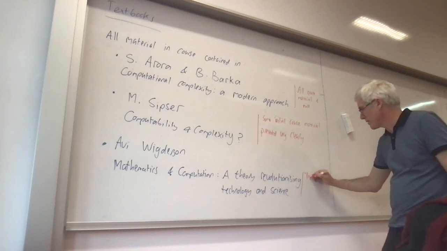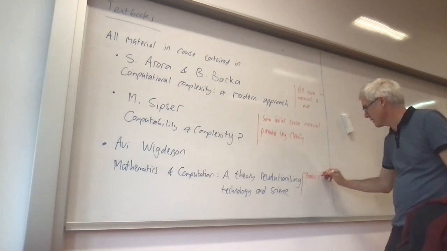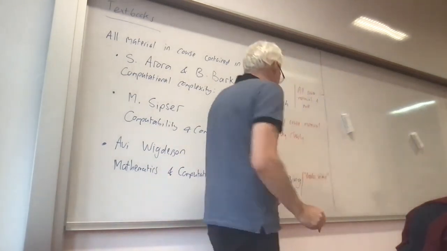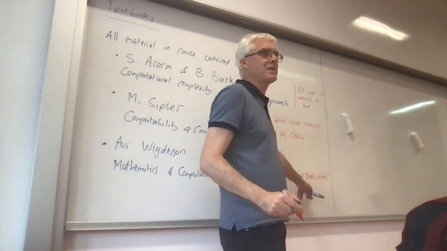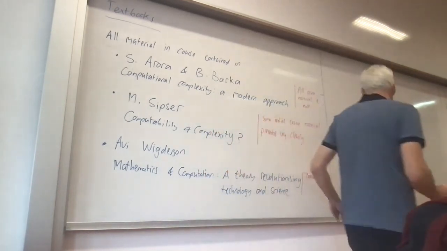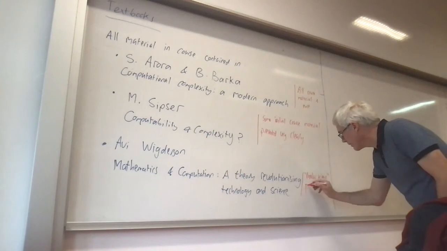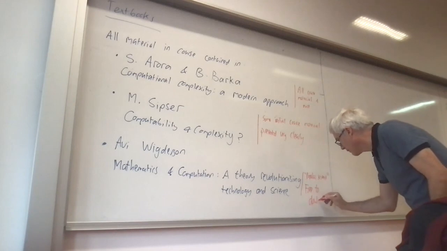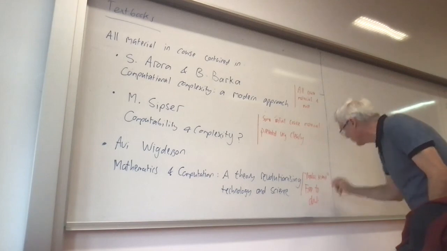So let's put popular science in quotes. And another good thing about this book is it's free to download online. It's a book from this year, but you can download it. You can also buy a copy if you want to. And if you like having books on your computer, it's free to download.